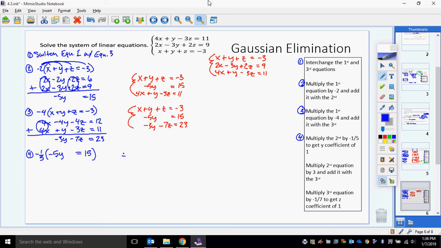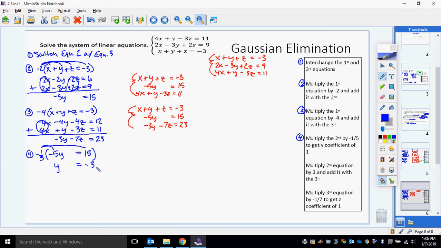That's what I'm going to do here. I'm going to multiply by negative 1/5. If in your brain you're thinking divide by negative 5, perfect. I'm going to follow the row operation rule, which says we have to multiply. So a negative 1/5 times a negative 5 would be a positive 1y, and a negative 1/5 times 15 would be a negative 3.